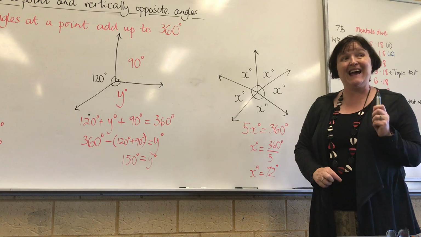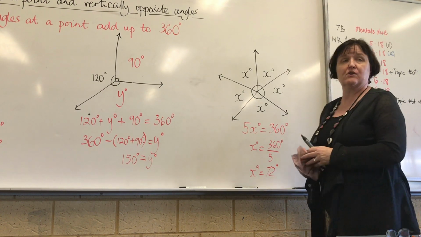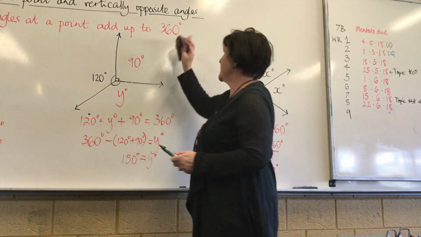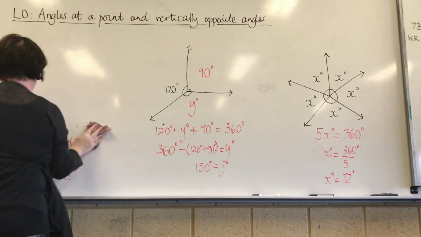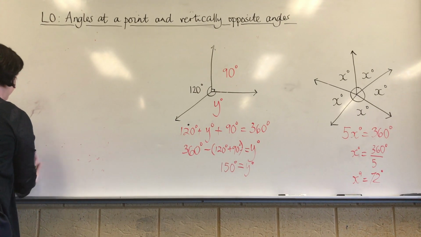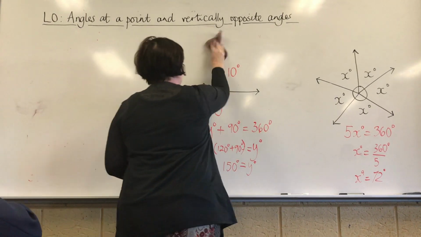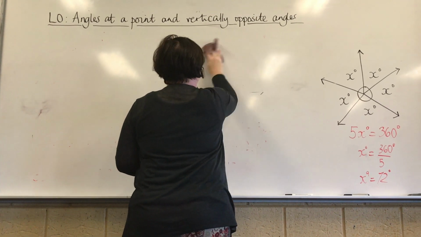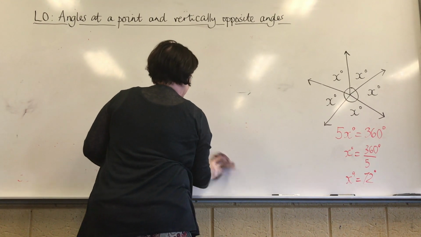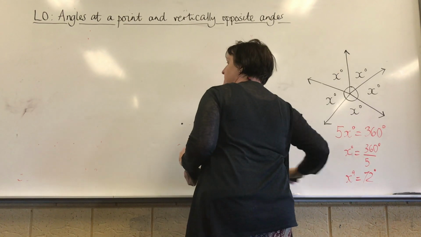So what we're going to look at now is our second angle relationship of today, which is vertically opposite angles. Okay, so I'm going to rub these out, and you need to draw me 3 big X's. I'll show you in a second. So I'll do one so that you can see what it looks like.